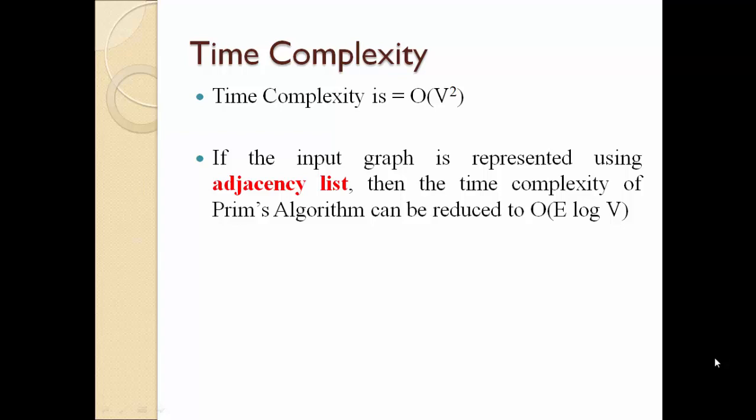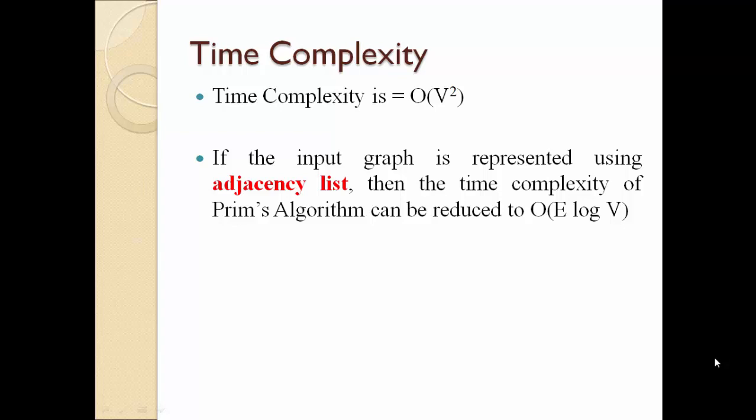Then the time complexity can be reduced to the order of E log V. Here E indicates edges and V indicates the number of nodes, right? So if we represent our graph by using an adjacency list, the time complexity will be order of E log V, right?